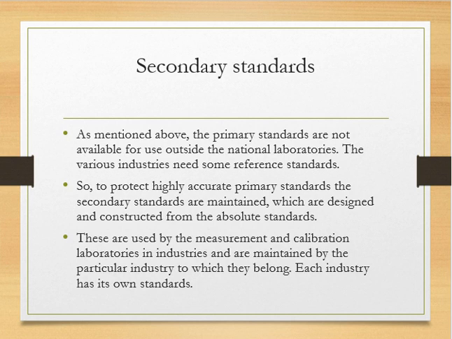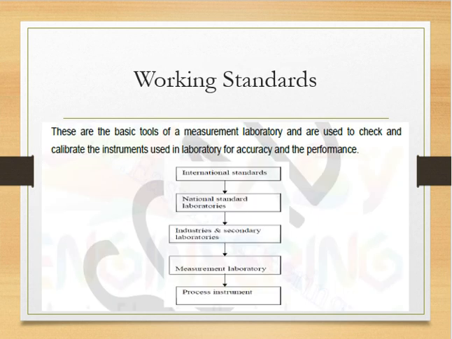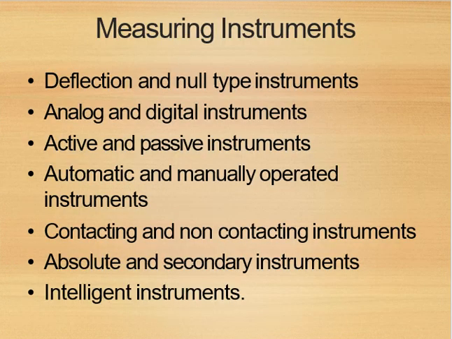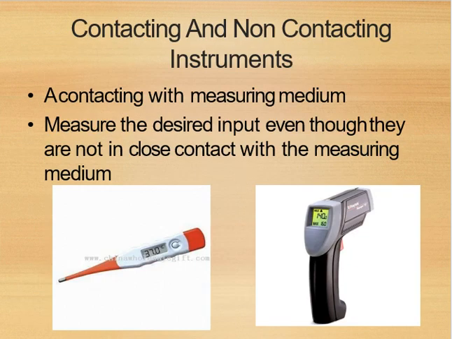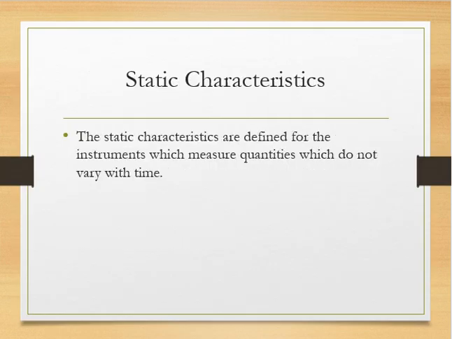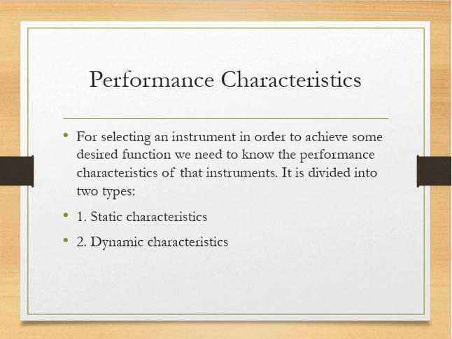Then we started with measuring instrumentation types or instrument types, and we saw a brief introduction about the different types of measuring instruments. So this whole classification we have covered, and right now we have to start with performance characteristics of any measuring instrument.